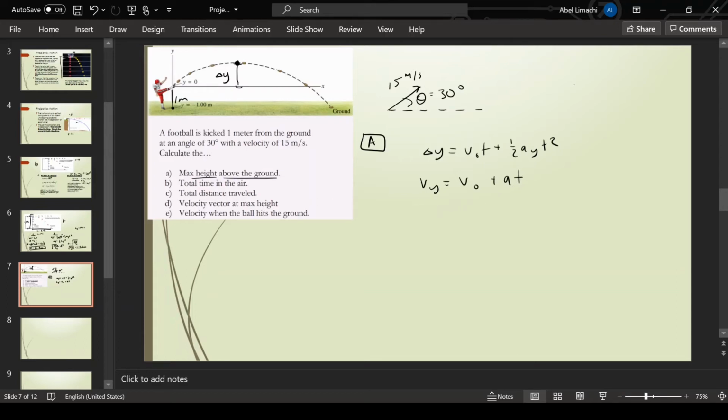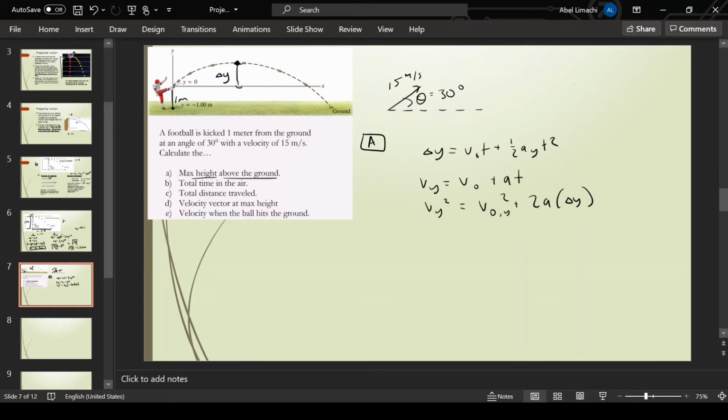Which one of these would give us the maximum height above the ground? Well, it's kind of a trick question, because you have to remember there's a third equation that you can use: v y squared equals v initial squared plus 2a delta y.